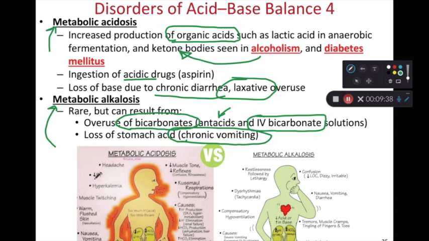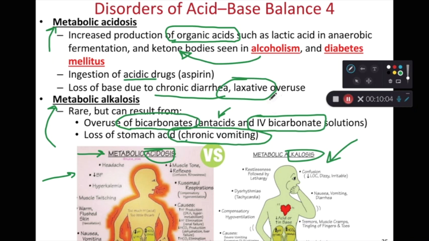So as we look at metabolic acidosis, here's a figure showing you some common symptoms of metabolic acidosis. And then here's another figure showing common symptoms of metabolic alkalosis. So whether it's acidosis versus alkalosis, it's the metabolic part that I want to focus on here. It's going to be either producing too much acid or removing too much base from our body or gaining too much base from our body.